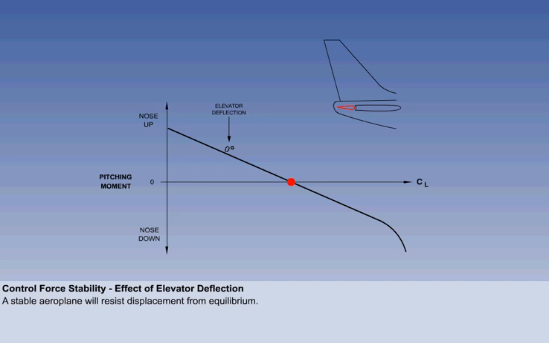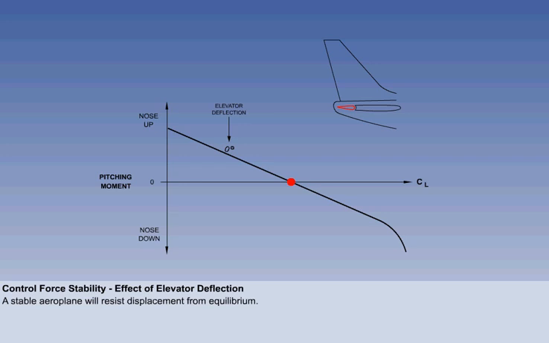It has already been stated that a stable aeroplane will resist displacement from equilibrium. The control surface displacement and the control forces should reflect the stability of the aeroplane and provide suitable reference to the pilot for precise control of the aeroplane. The effect of elevator deflection on pitching moment is illustrated.